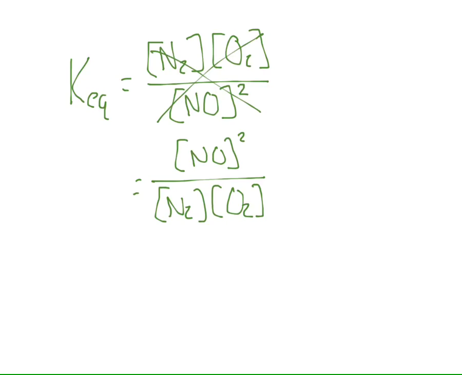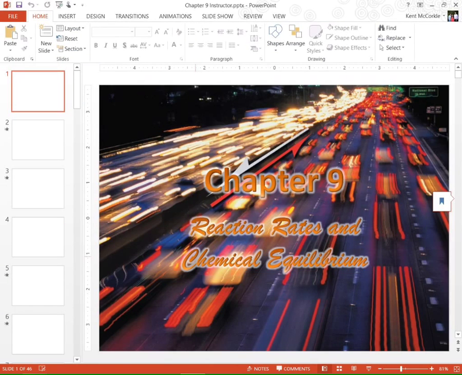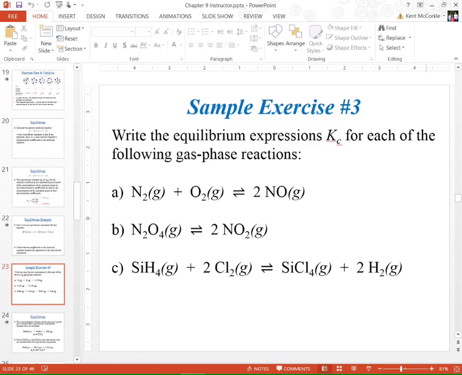Let's see if this is finished here. Not quite. Okay, how about the next one? Let's see what the next one is. The next one was N2O4 goes to 2 NO2.